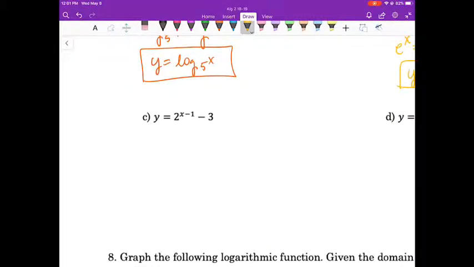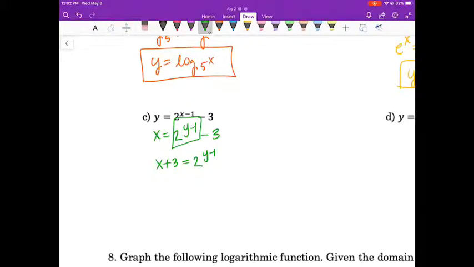In example C, I switch x and y, so I have x equals 2 to the y minus 1, minus 3. Before we log loop, though, you have to get rid of anything on the same side of your exponent or your log, depending. For us, we've got our exponent, 2 to the y minus 1, but we need to get rid of that minus 3. I can get rid of it by adding it to both sides. So then we have x plus 3 equals 2 to some power, and the variable we want to solve for is in that exponent.